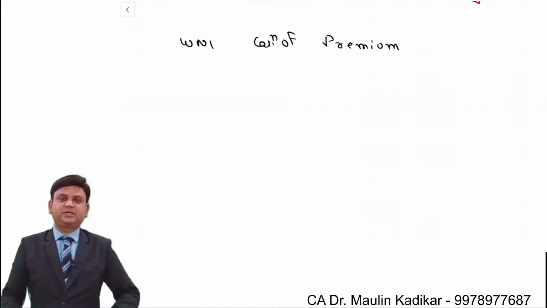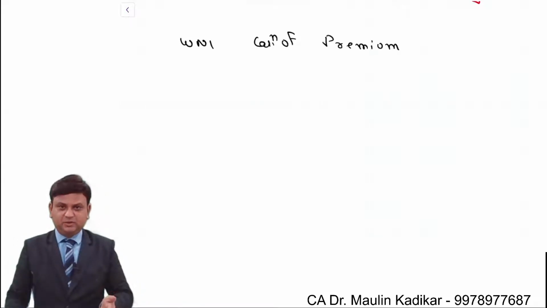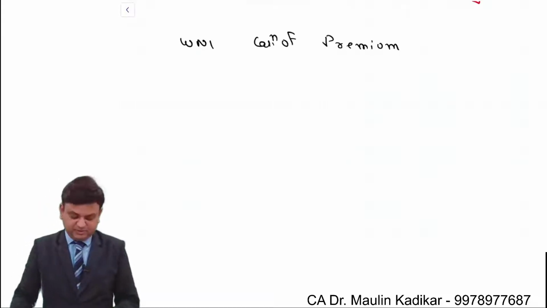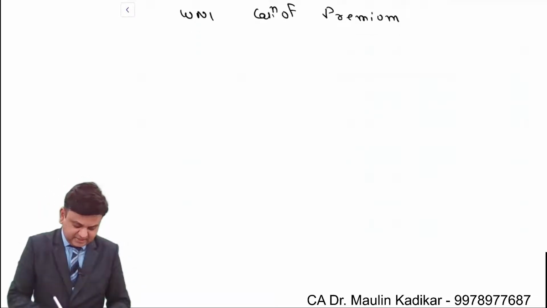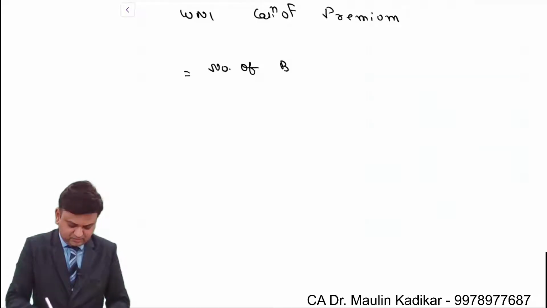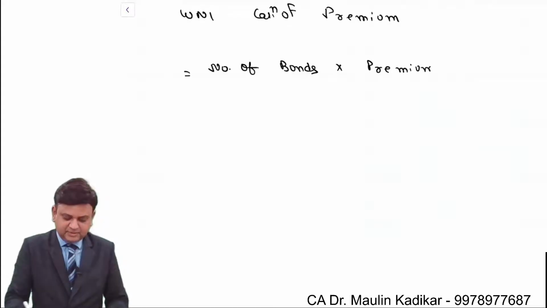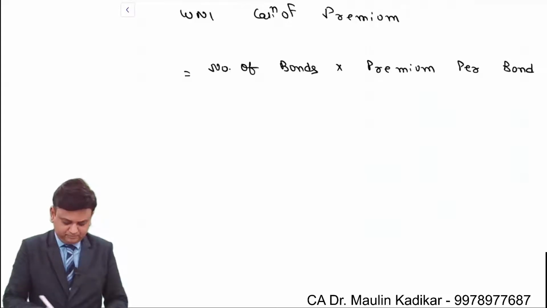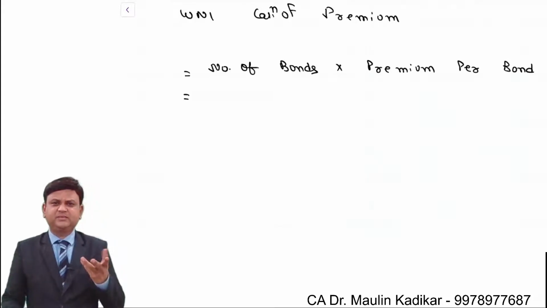Basically, the premium is required to be paid to the existing bondholders when they go for the redemption. It will be like this: number of bonds into premium per bond. What is the number of bonds?